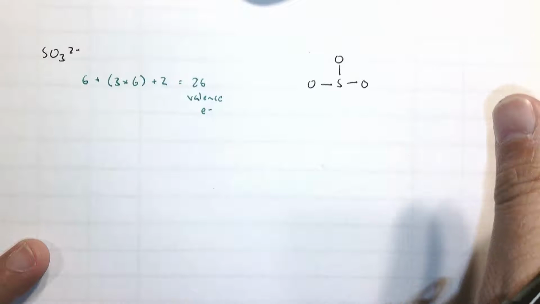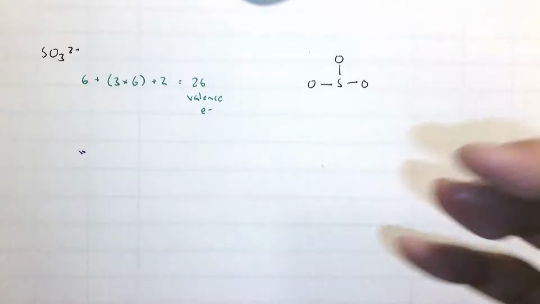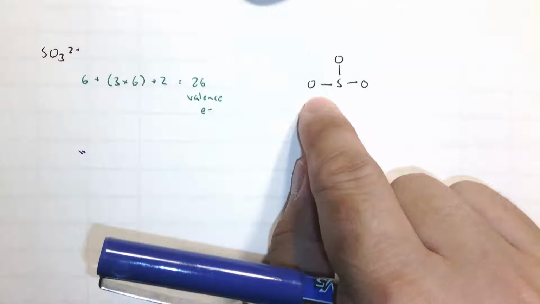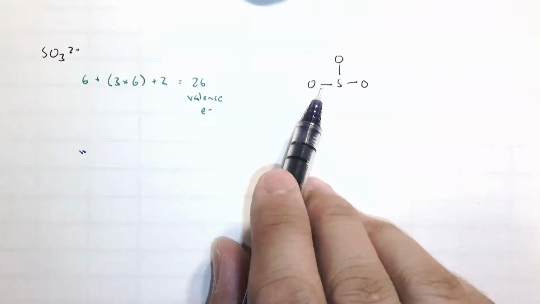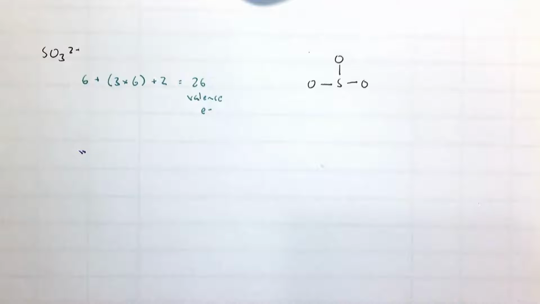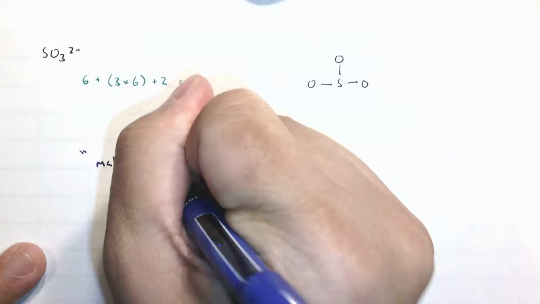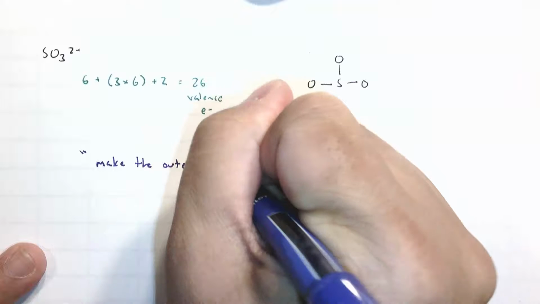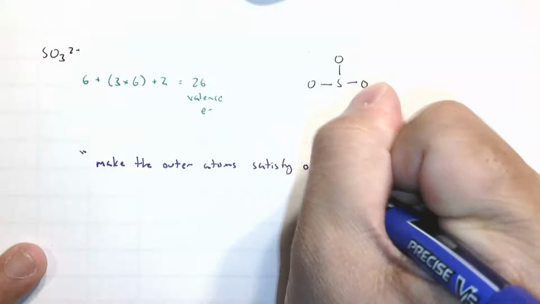So here's the trick, and it's actually a different trick than we discussed in the previous video. In the previous video, I asked you to recognize that oxygen brings in 6 valence electrons, and you would draw those 6 valence electrons, but one of them is part of the bond. And that's how you would figure out how many electrons go on the outer atoms. But for these guys, here's a shortcut. Make the outer atoms satisfy the octet rule.